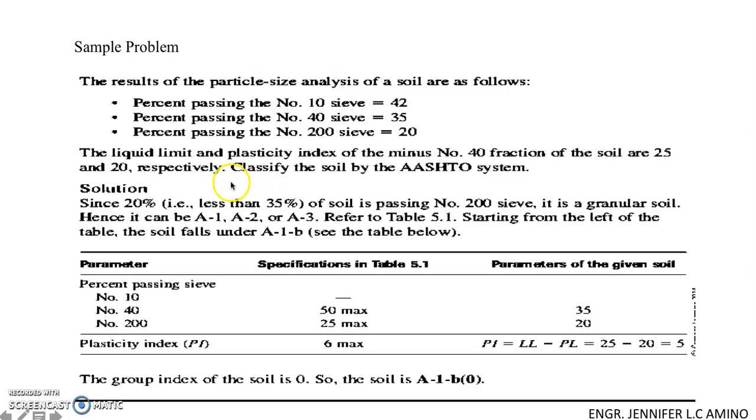The liquid limit and plasticity index of the minus 40 fraction of the soil are 25 and 20 respectively. So classify the soil by the AASHTO system.